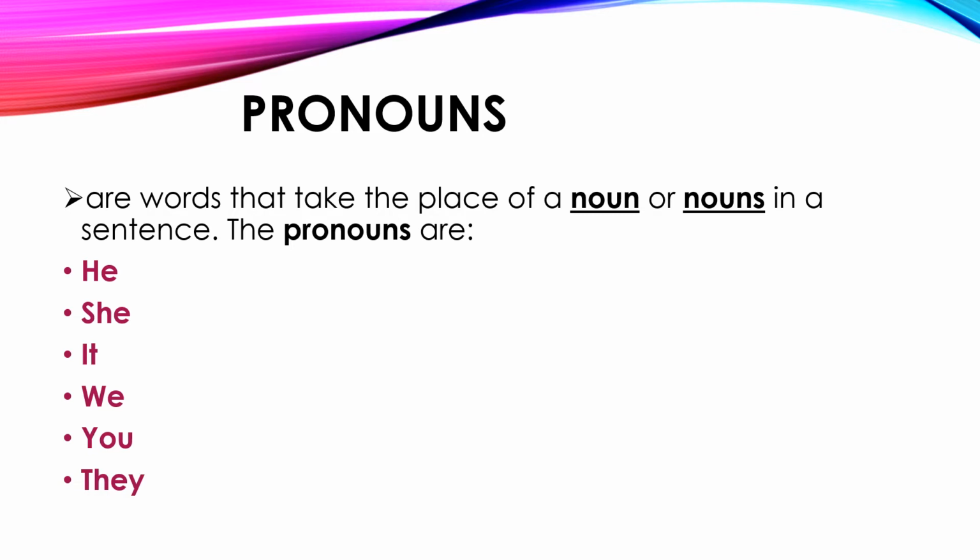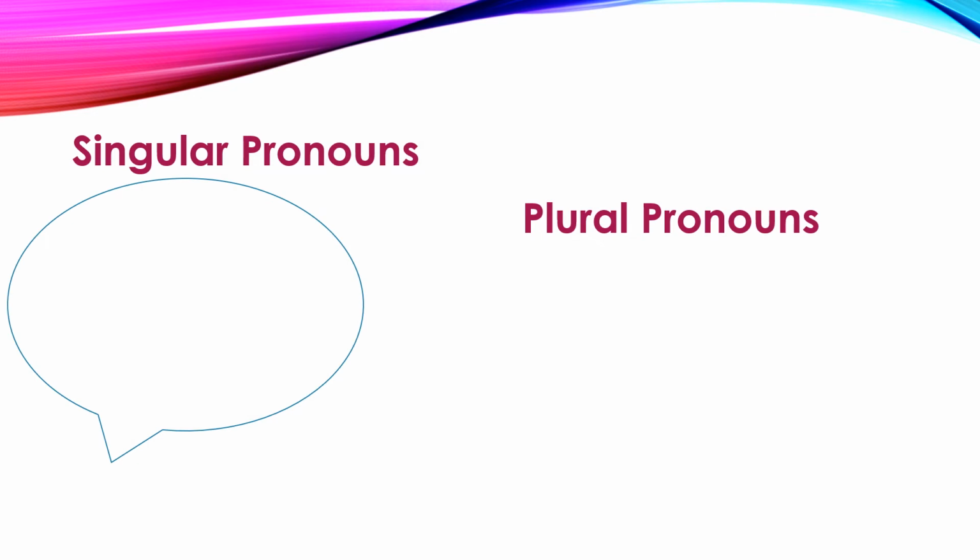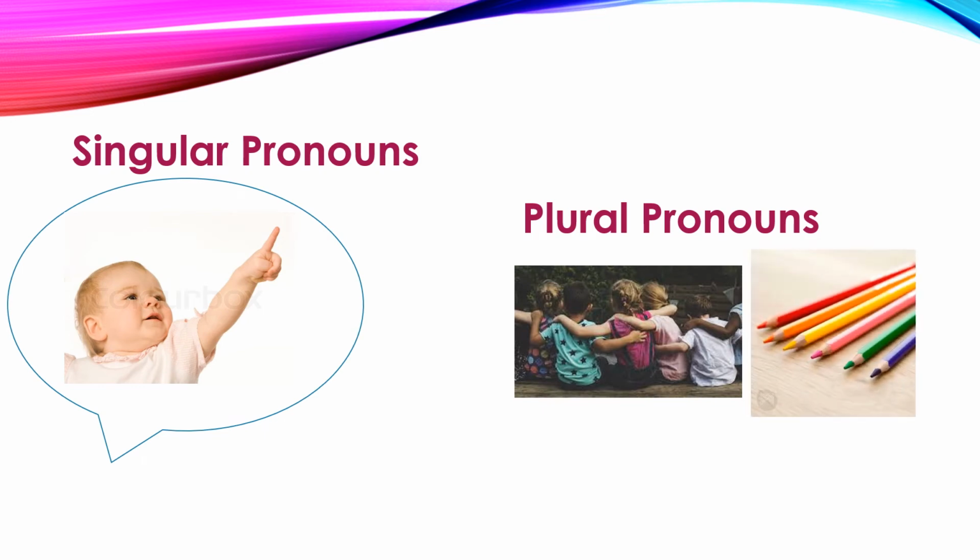Today, we are going to learn how to divide these pronouns into 2 groups. These groups are singular pronouns and plural pronouns. Singular pronouns are pronouns that name only one. Plural pronouns are pronouns that name more than one.